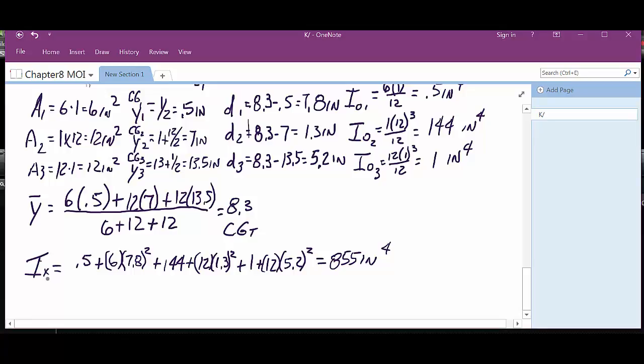Note though that in the example problem we're going to do, it does ask you to do it about the y-axis. And the nice thing about it, when you've got symmetrical parts like we were talking earlier, the distance that you've got to deal with, that d value there, is 0.